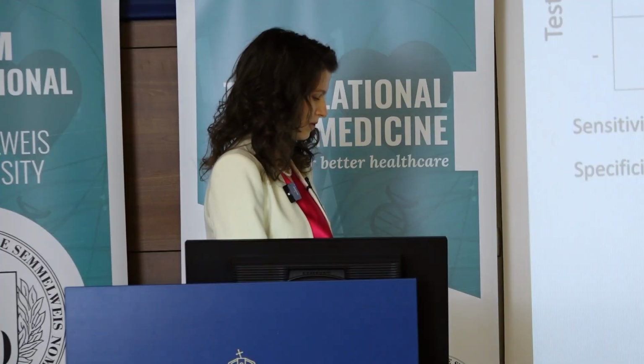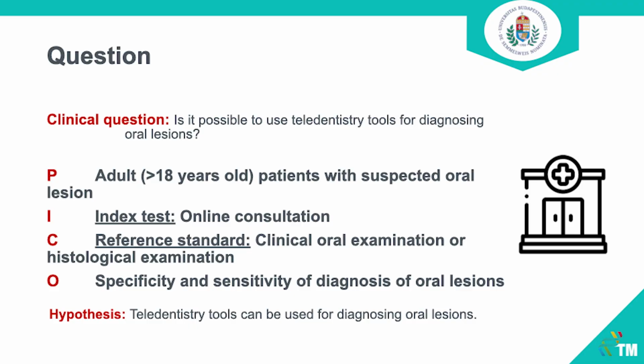Thank you for your question. So first of all, we wanted to investigate normal populations, as you can see in our PICO. However, we faced the situation that most of the articles dealt with suspected oral lesions. So that's why in our first outcome, there are just 3 studies.